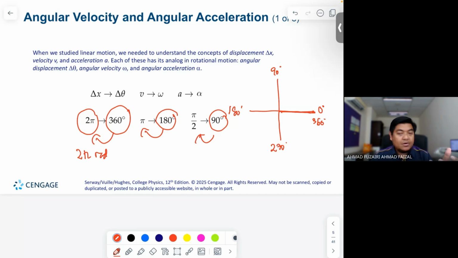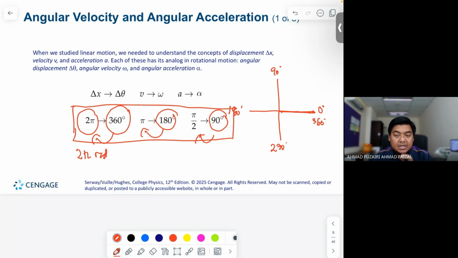As you can see from your calculator, you have a degree mode and you have a radian mode. So this 2 pi radian is in radian mode. Okay, so you can use this, what we call the number of degrees, for example 360, 180 degrees, and also 190 degrees.